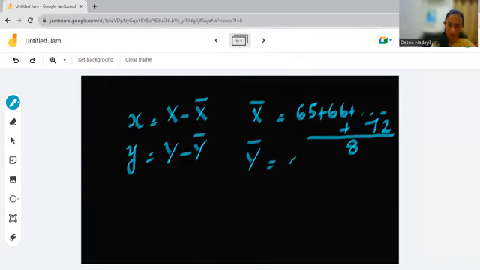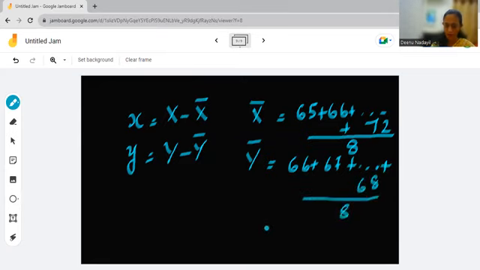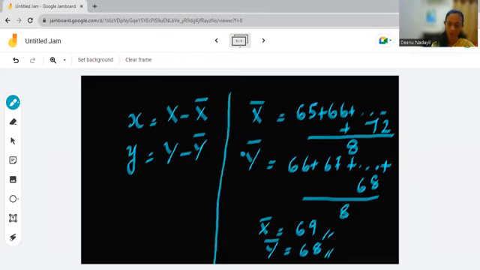Y bar is nothing but 66 plus 67 plus all those numbers you have to write, plus 68 divided by 8. So what is our x bar value? X bar we will get as 69 and y bar is nothing but 68. X bar is the arithmetic mean, y bar is also the arithmetic mean. Add all the observations and divide by the number of observations to get x bar and y bar.